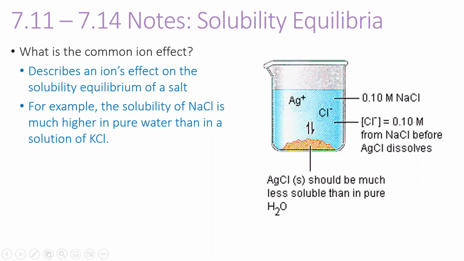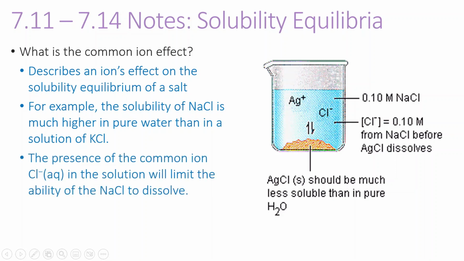If we look at this example here, if I put silver chloride into some salt water, the silver chloride solid is going to be much less soluble than it would be in pure water. That's because the presence of the common ion, Cl-, in the solution is going to limit the ability of the salt to dissolve. So the presence of a common ion will reduce the solubility of a salt.